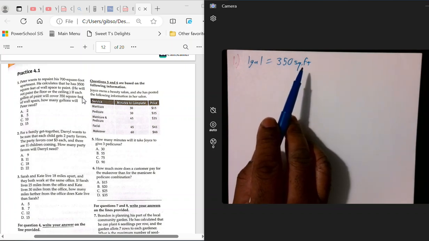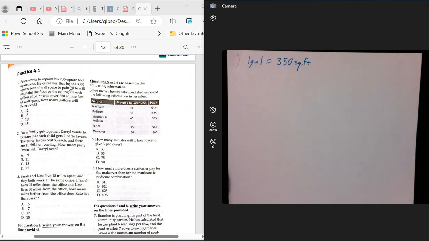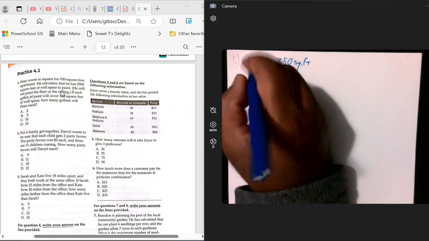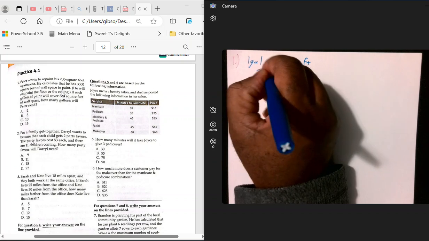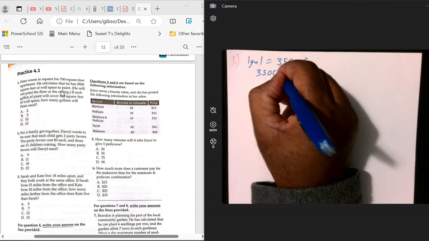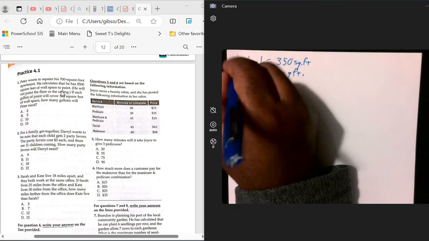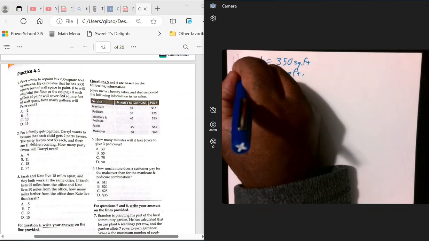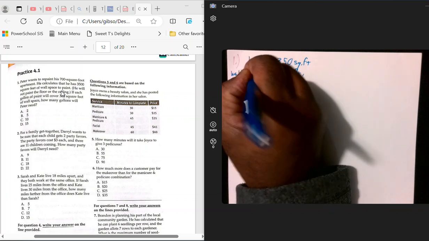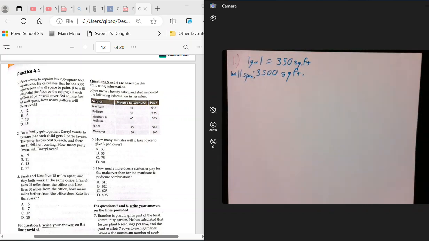And then it also tells us he calculates that he has 3,500 square feet of wall space. So we know that we're dealing with the 3,500 square feet of wall space. Wall space is 3,500 square feet.